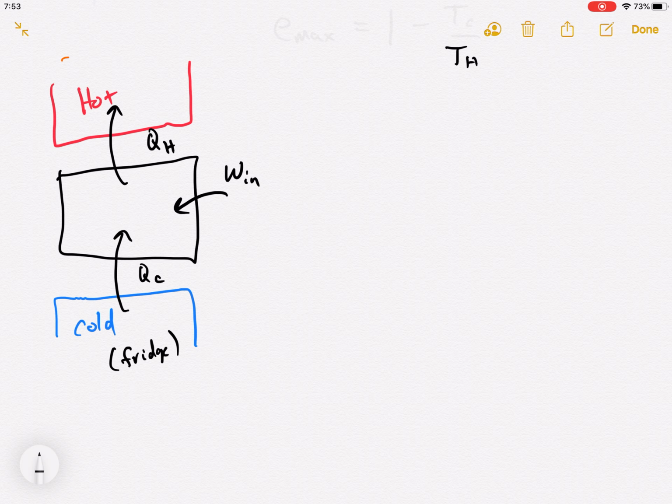It'll feel cooler right in front of the fridge, but if you add up the heat lost by heat going from the room into the fridge through the open door, and the heat gained by the room dumped by the exhaust in the back of the fridge, you're actually heating up the room. So opening a fridge in your room is actually heating up your room. That seems counterintuitive. It's just that they're separated by some distance. Okay, so again, this is a heat pump.